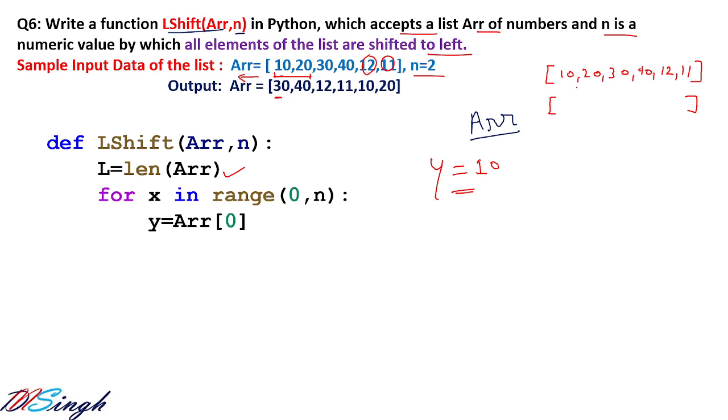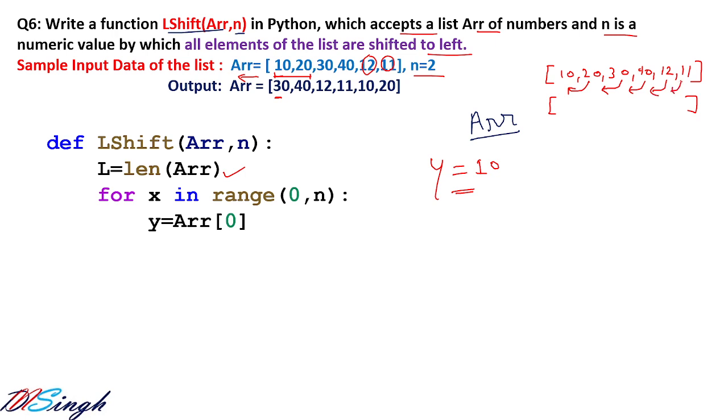We will use one more loop to shift these by one position to left. How can we do it? We are going to run the loop from 0 to length minus 1 and shift those elements one position to left.